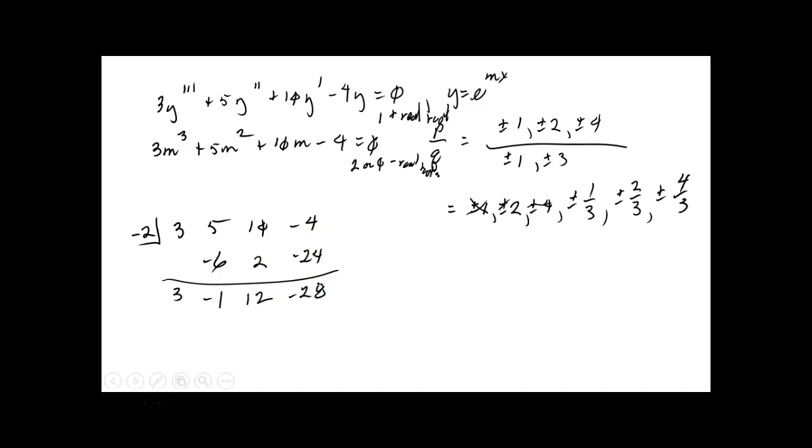Now I did that for a reason too. If with a negative here, you get alternating signs down here, you know you've reached the max, because anything more negative, they're just going to get bigger and bigger, still alternating. So don't even mess with the 4. +2 didn't work, -2 doesn't work, and +4 you know won't work, and -4 you know won't work. Don't go any more positive or negative.